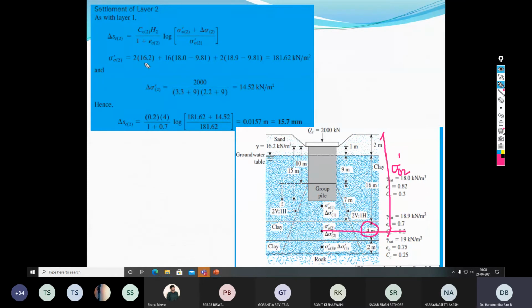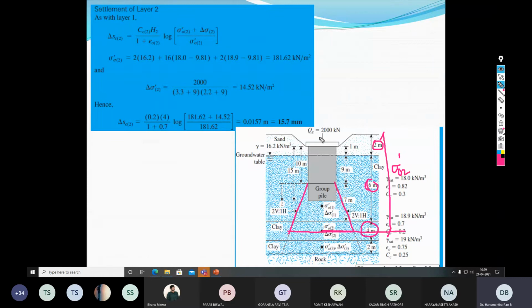So this is 2 into 16.2, that is layer number 1, plus 18 minus 9.81 into 4, plus the layer number 3, 18.9 minus 9.81 into 4 by 2, that is 2 meter.